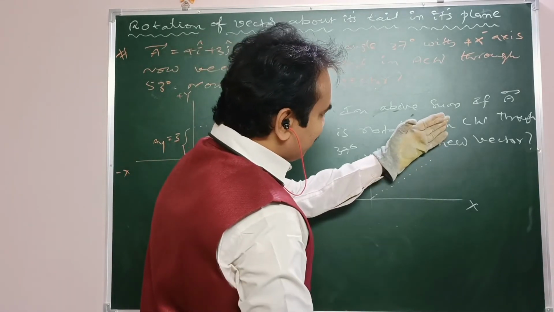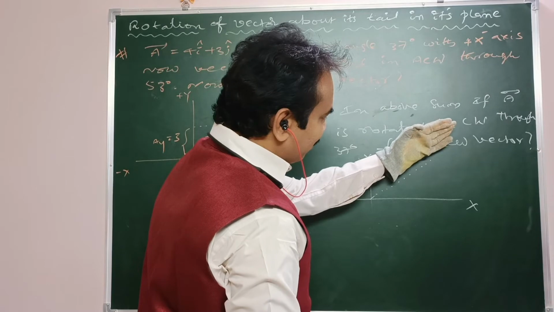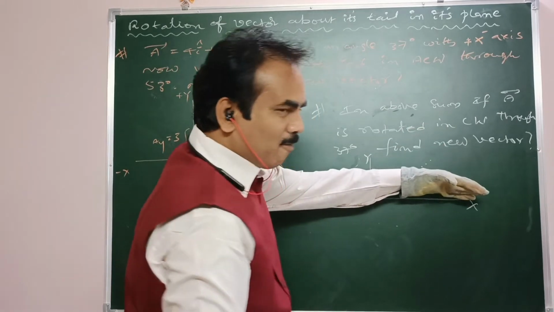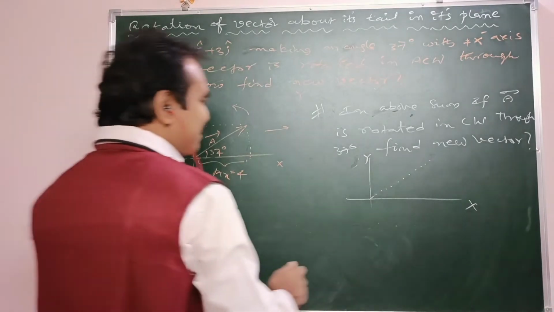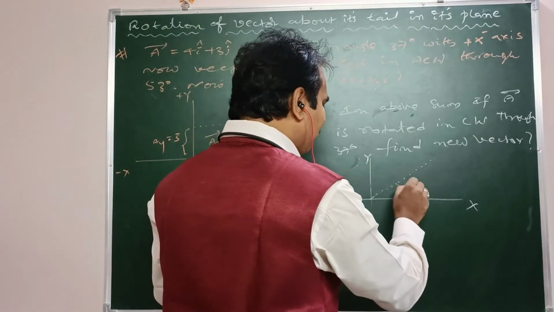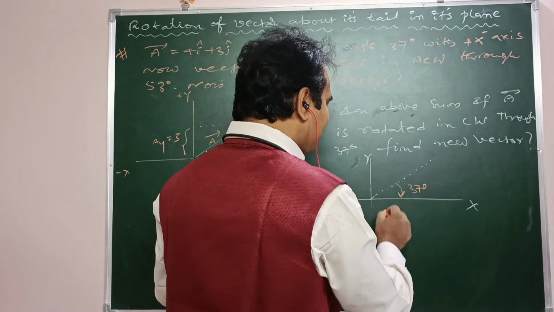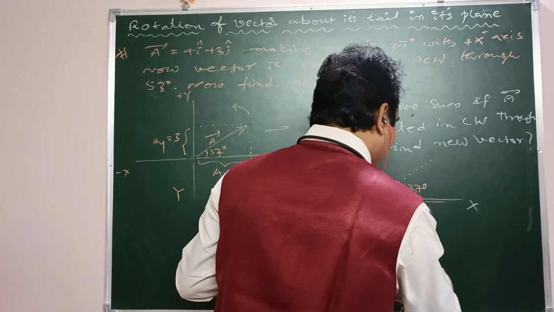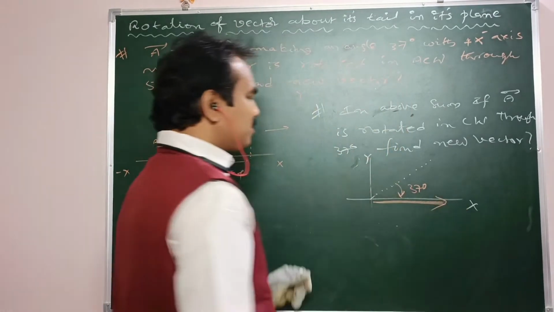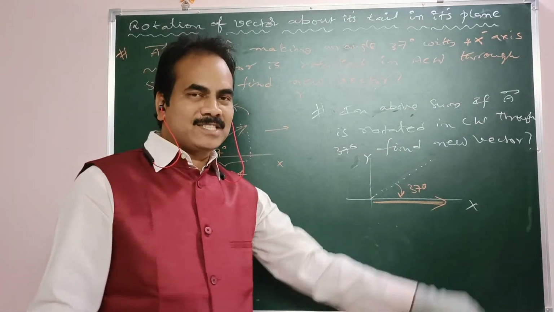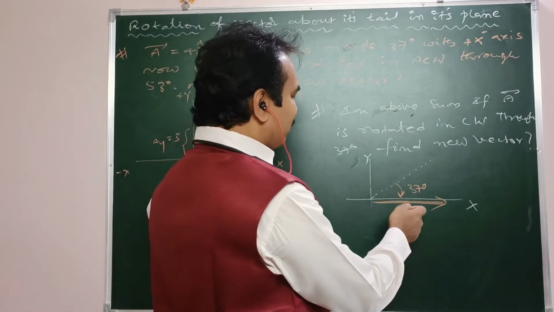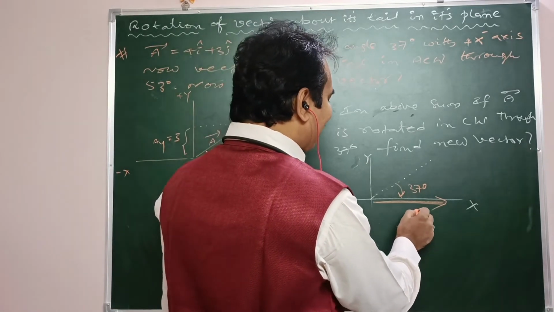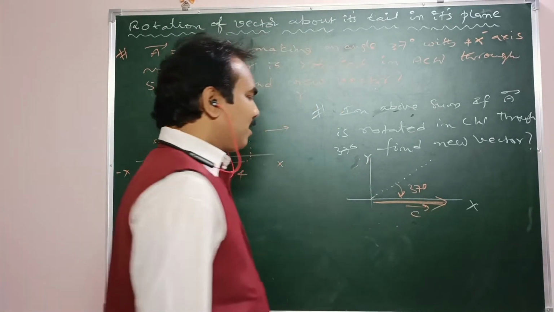From this orientation, if it is rotated through 37 degrees clockwise, it points exactly in the positive x direction. As the direction has changed, that is the reason I am calling it some other vector, c bar.